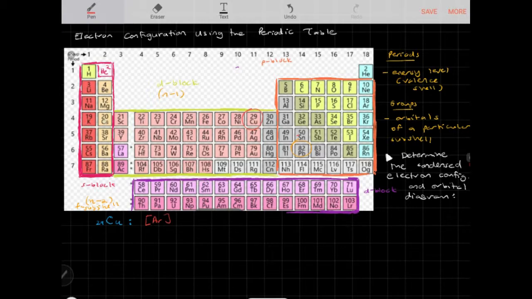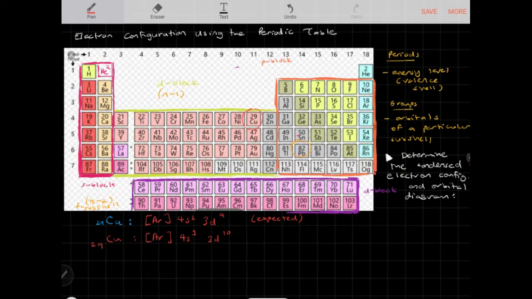Then we go 4s2, 3d, 1, 2, 3, 4, all the way to 9, right? So this is 3d9. So this is your expected case, but in actuality, copper 29 looks like this, argon 4s1, 3d10, right?